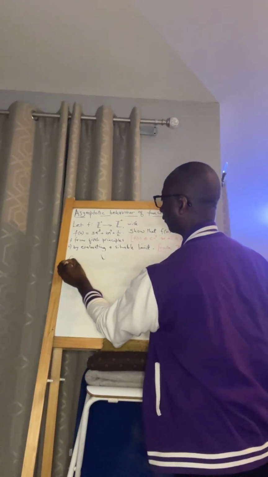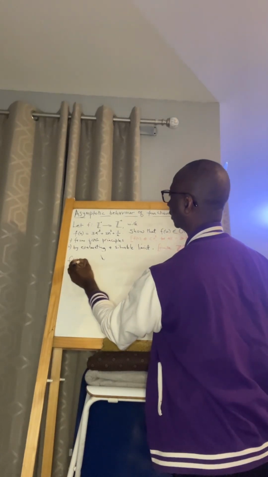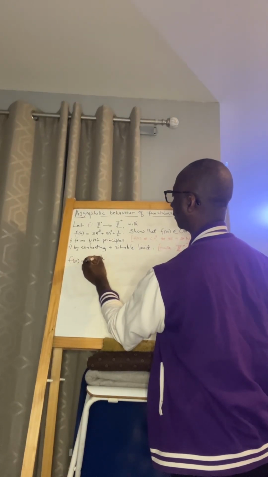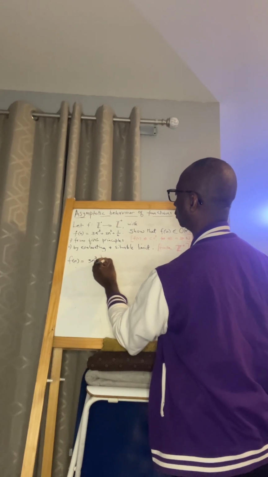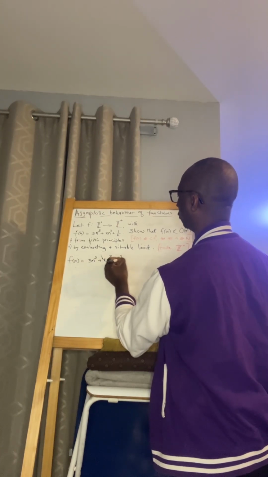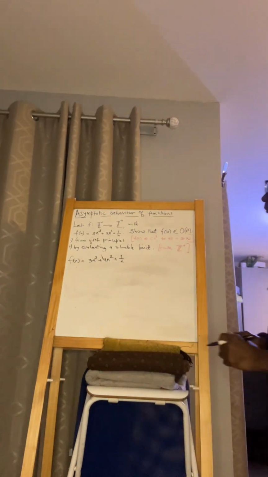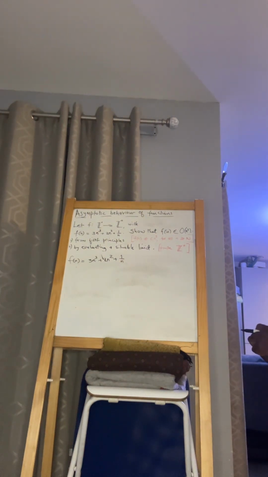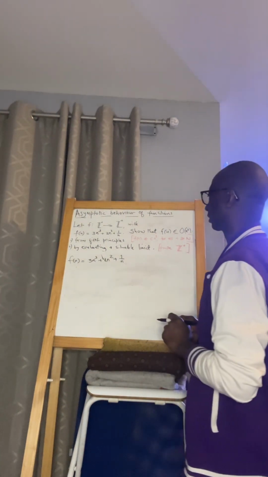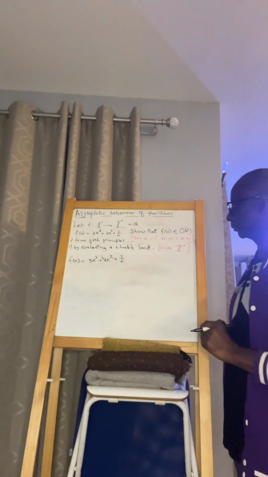We have f of n equals (3n to the power of 3 plus 2n to the power of 2 plus 1) all over n. Now we want to start solving from first principles.